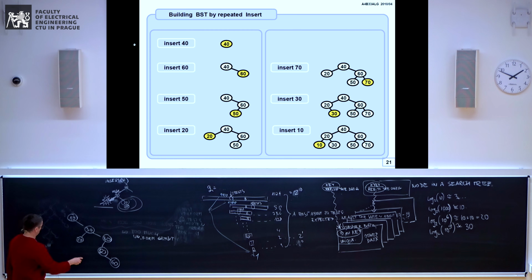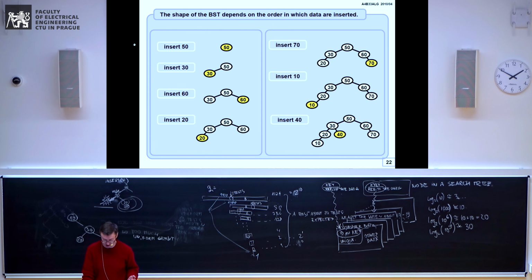And finally 40, 40 should be sitting down there, bigger than 30 and smaller than 70 and smaller than 50. So you arrive at the tree which is here, which is of course less suitable for searching, because for some values you have to go deep in the tree, while that one by chance is nicely balanced.